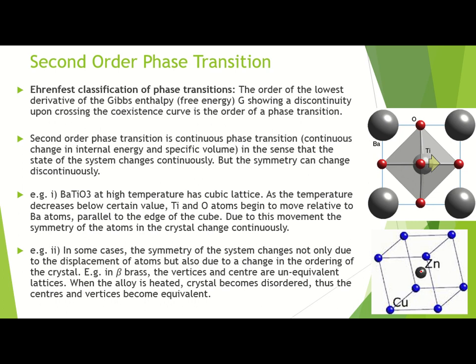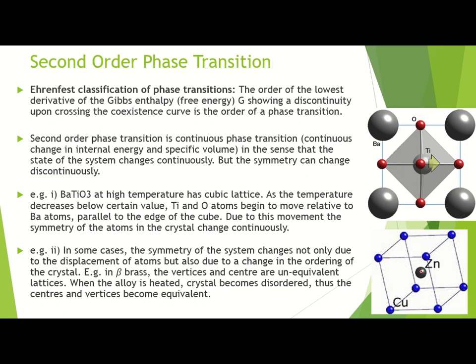Some of the unit cells will have copper at the center and zinc at the corners, or some zinc atoms occupy the vertices, and it might be a mixed kind of system. So again, the symmetry of the system will change. Here the symmetry is changed because of the ordering of the crystal, and in the previous example of barium titanate, the symmetry was changed because of the displacement of the atoms.